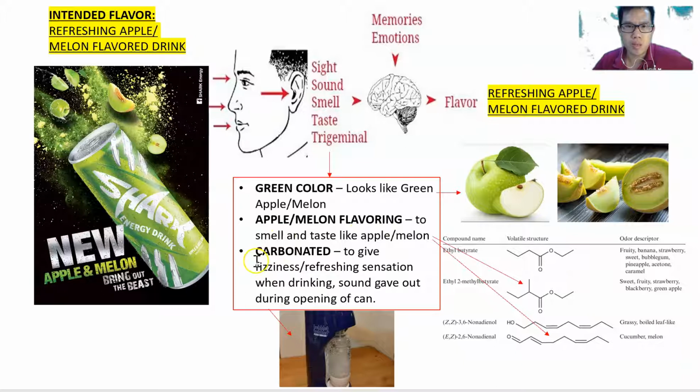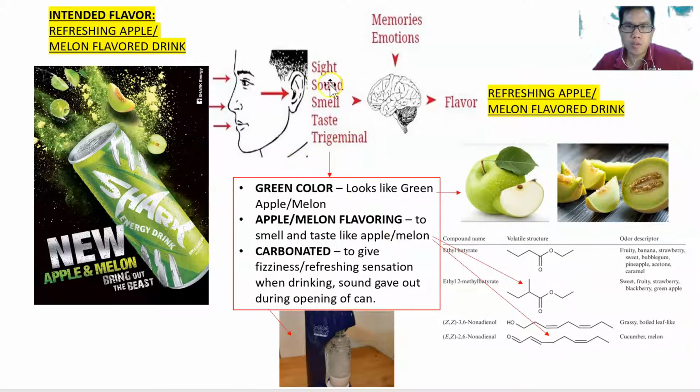And the last one is basically they need to carbonate it to give the fizziness. Carbonated with carbon dioxide to give the fizziness or the refreshing sensation when drinking or during the opening of the can. So all these come together.